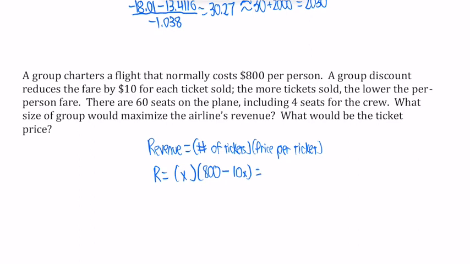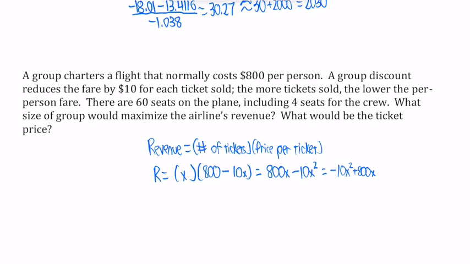If we distribute the x, we would get 800x minus 10x squared. It's good when you're thinking about maximums and minimums to have the terms in descending order. I'm going to rewrite this as negative 10x squared plus 800x.